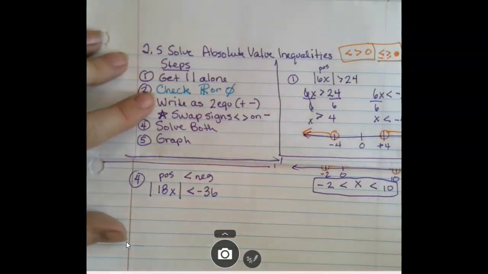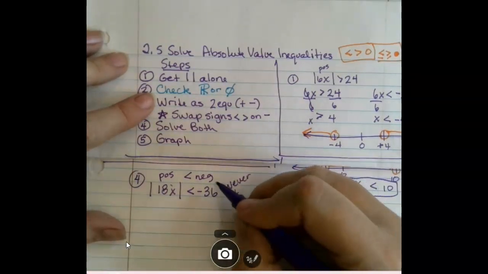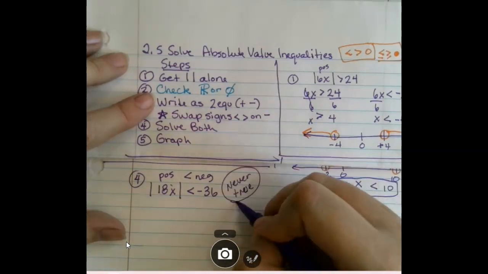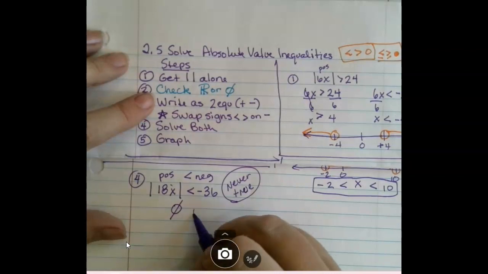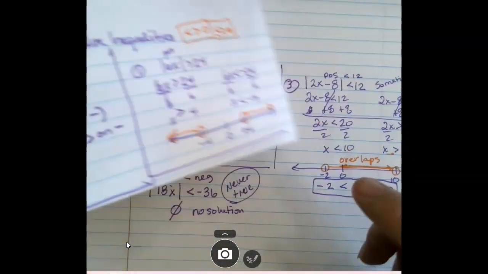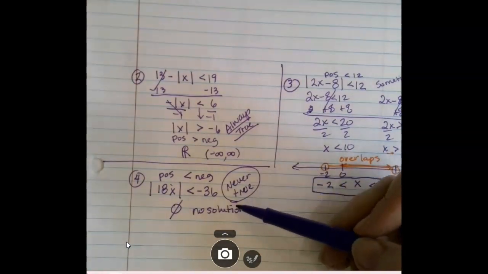When is that going to happen? Well, a positive is never less than a negative. If it's never true, then my answer is no solution. So if my answer was always true, it's all real numbers, and if it's never true, it's no solution.